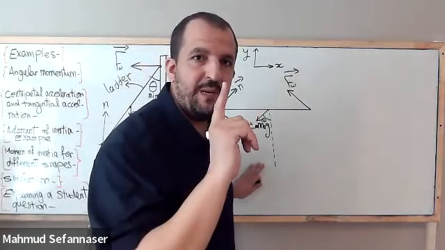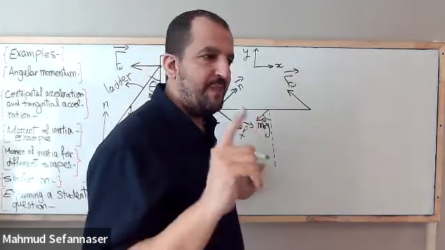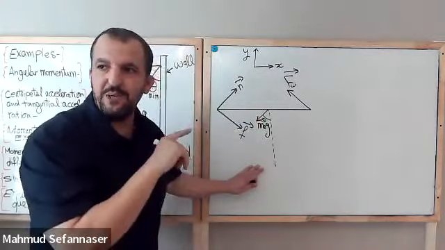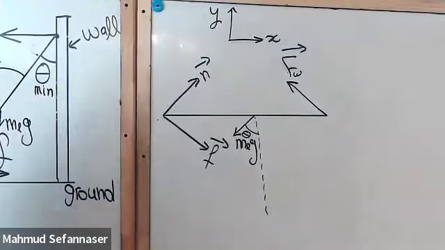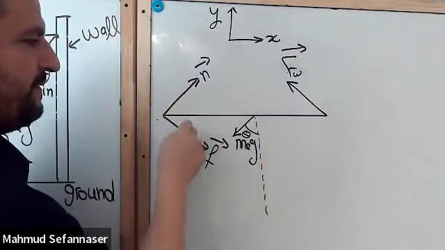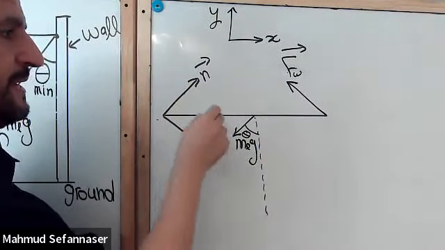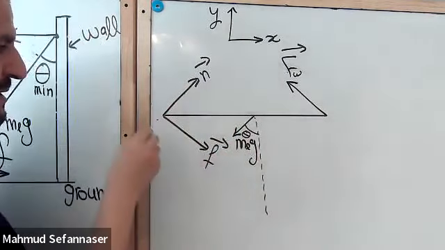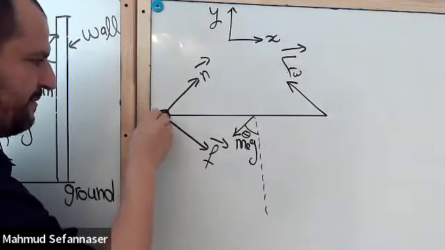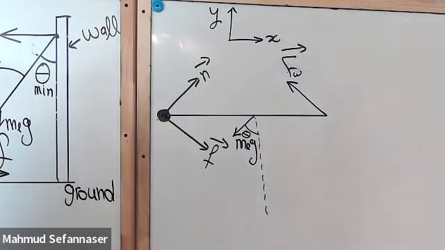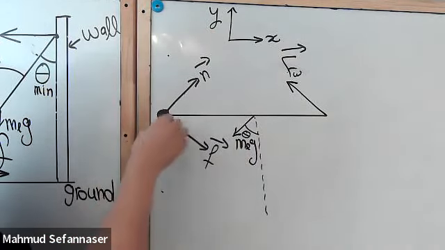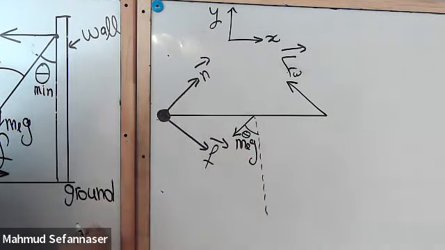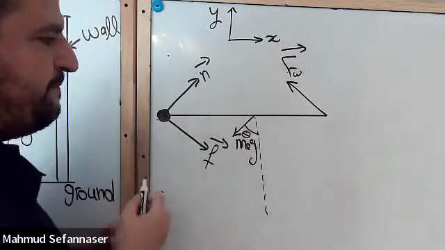Now, the first thing that we need to do is figure out a reference point that can help me to solve this problem easily. So how can we do that? I have one force, 2, 3, 4, four forces. So it's a good idea to reduce the number of these forces by taking the reference point to be right here. Okay, so now the normal force doesn't do anything here, and the normal force here doesn't do anything, and also the horizontal forces don't do anything. We need to think about this.